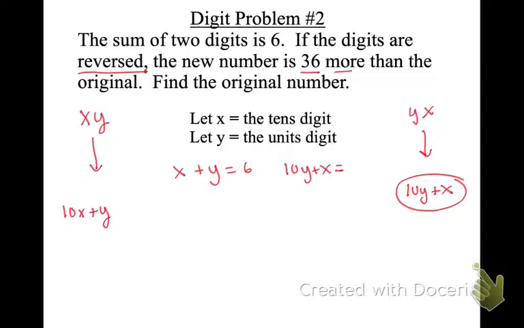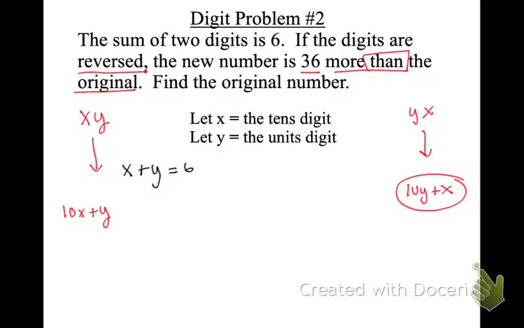36 more than, so it's plus 36 on this side, original value, 10x plus y. It's terrible. Let me see if I can fix that up a little. So it is x plus y equals 6.